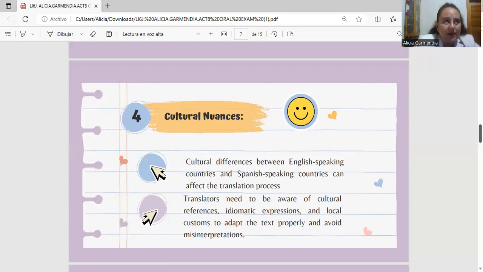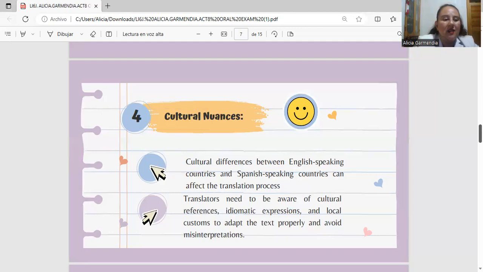For example, in Monterrey they tell a story about something and use their words, which have the same meaning, but others use words from Michoacán or from Yucatán.